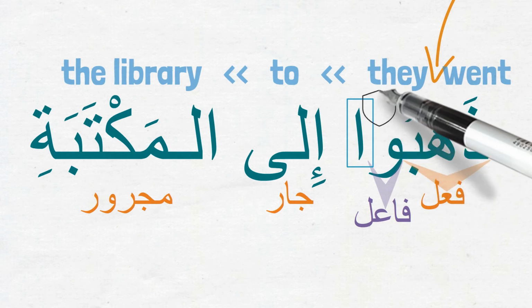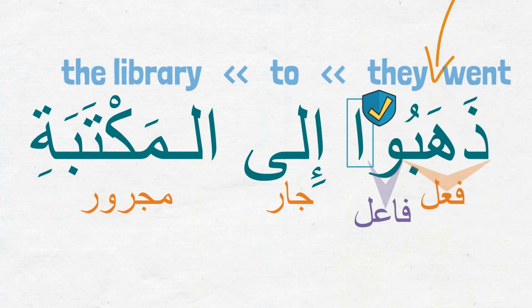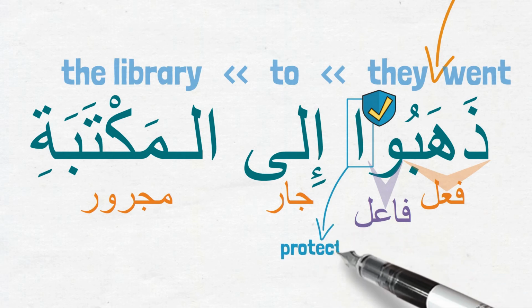Alif is actually protecting the fa'il al-waw coming before it, because in certain cases when the verb is written without haraka or vowel signs, the letter al-waw may be mixed up with the harfu atf wa in a sentence, and alif comes right after it to tell us that the letter al-waw belongs to the verb and it is not sitting alone as a harf wa. That is why this alif is called a protector alif.